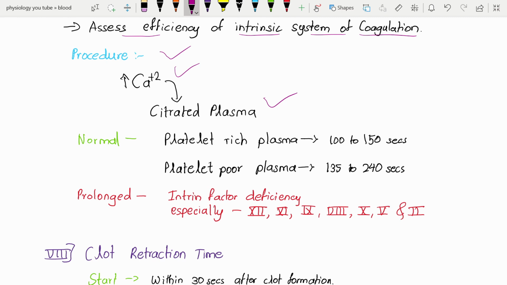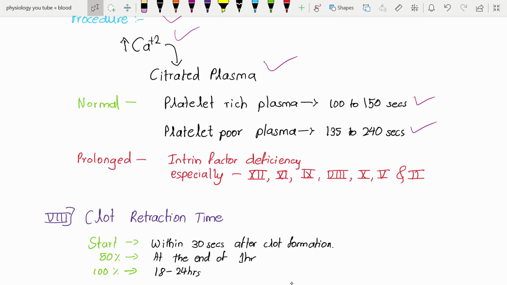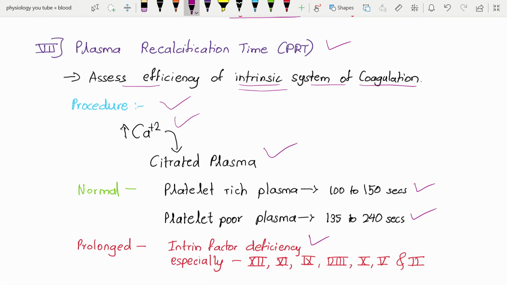It is said to be normal within the range of 100 to 150 seconds in platelet rich plasma and 135 to 240 seconds in platelet poor plasma, and it is prolonged in intrinsic factor deficiencies. As we already know, it is specialized for the intrinsic system because we are checking out the efficiency.